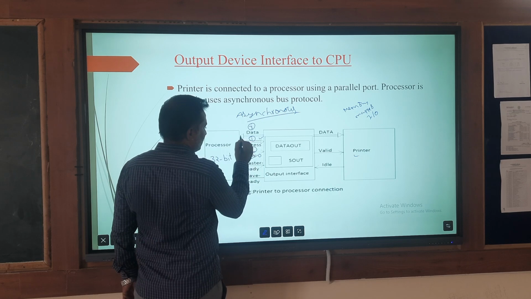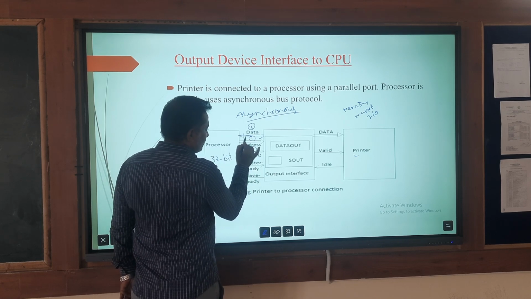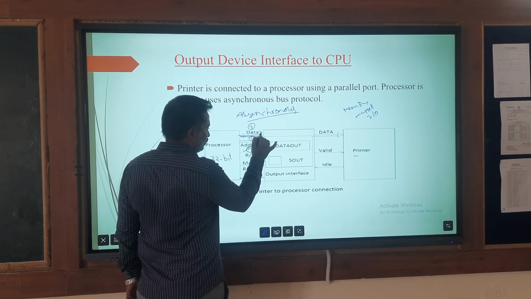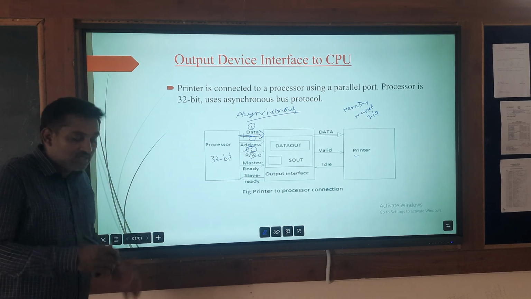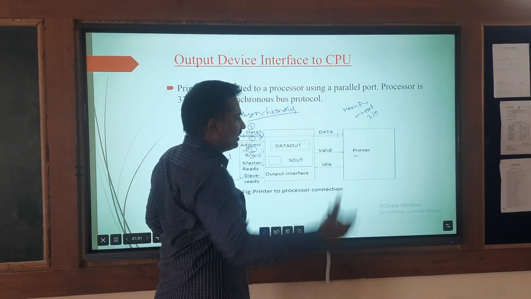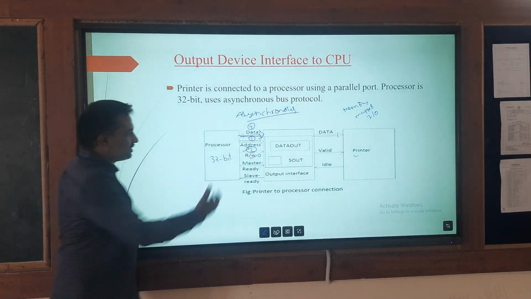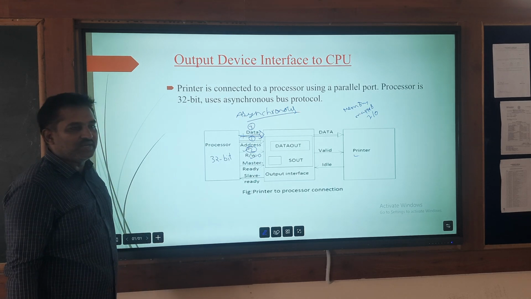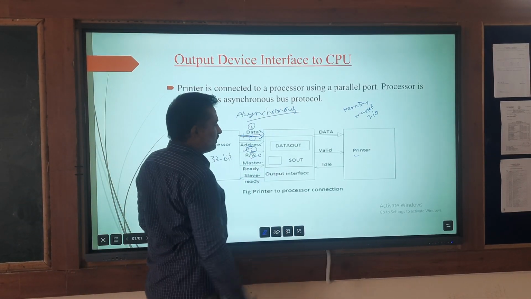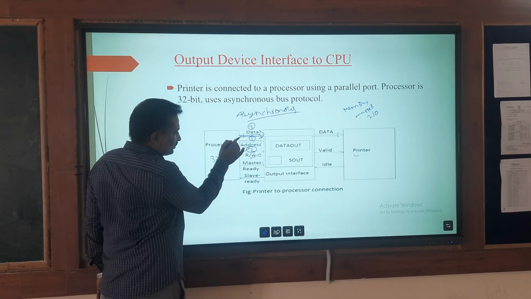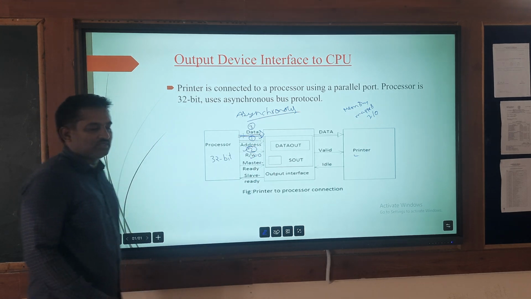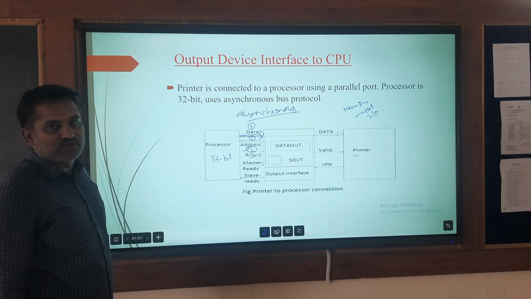This is the third step. Here, see my dear friends, the data lines arrow mark should be this side. Why? Because the processor is transferring the data to the printer. It is not receiving the data from the printer. So the direction of the arrow mark should be like this. So this is the step number 3.